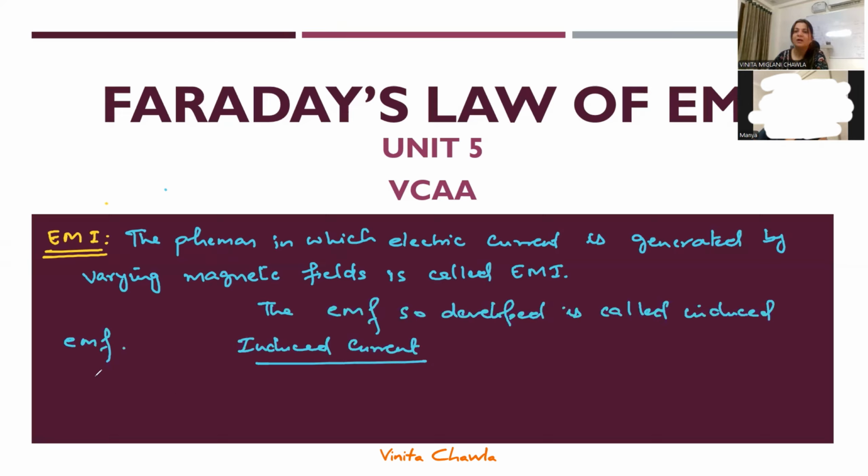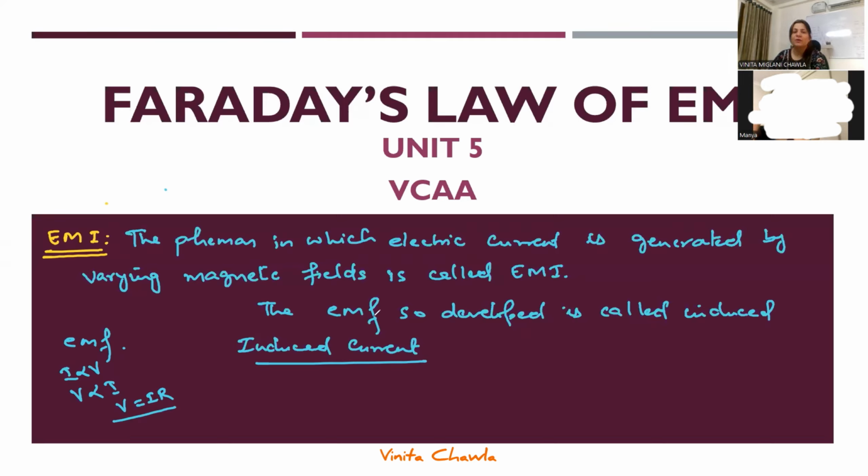We had done Ohm's law also. V is proportional to I, or theoretically I is proportional to V, and so V is equal to IR. This is Ohm's law, where R is the resistance of the conductor. What is resistance? That which resists the flow of electric current. It is the obstruction or opposition to the flow of electric current.